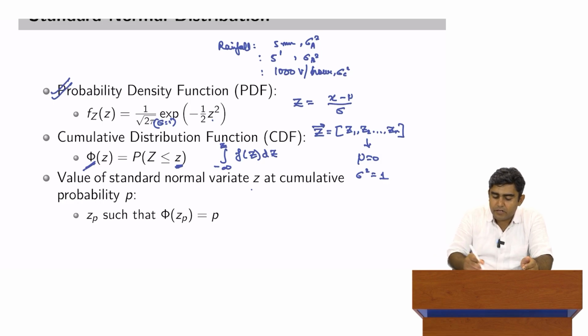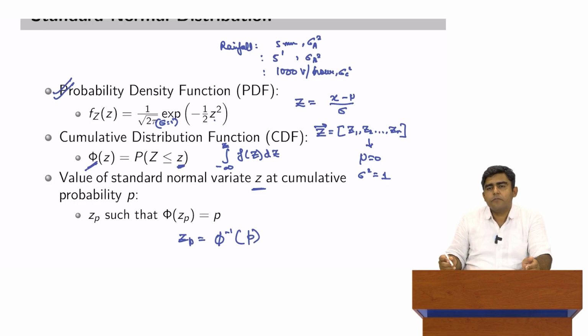And we can calculate the value of the standard normal variate z at cumulative probability p as phi of zp equal to p. So if we know p, that is the cumulative probability up to that point, we can always calculate the value of zp by simply saying that zp is nothing but the inverse of p. That is, we can go from probability to calculate the value of zp.